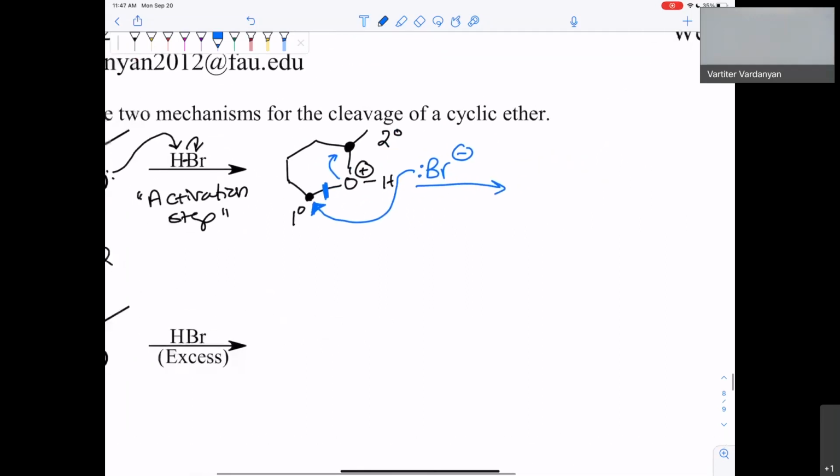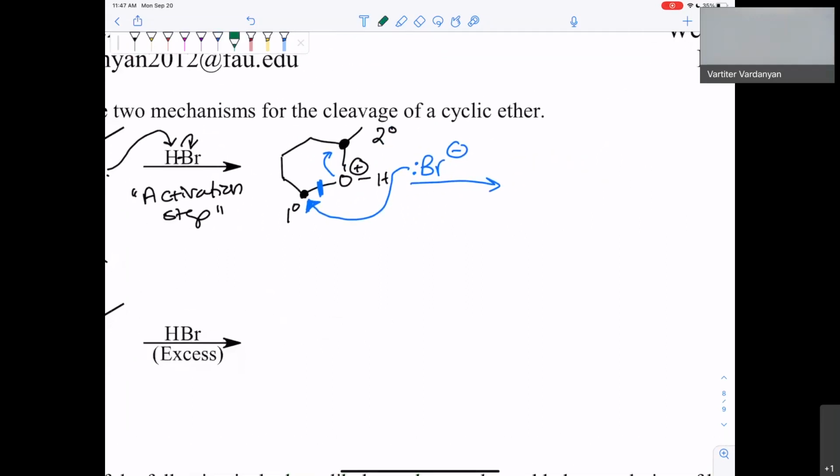So now I'm going to number it, and again, this is just arbitrary numbering. I'm going to start here: 1, 2, 3, 4, 5. I have a 5 carbon chain. What do we have on carbon 1? We just did a nucleophilic attack, right?